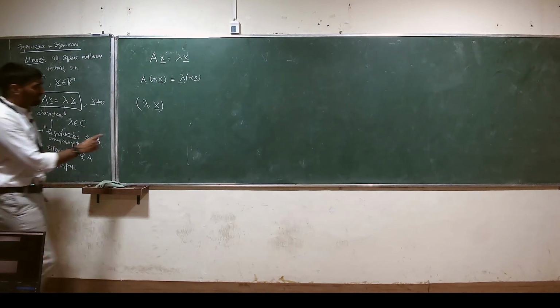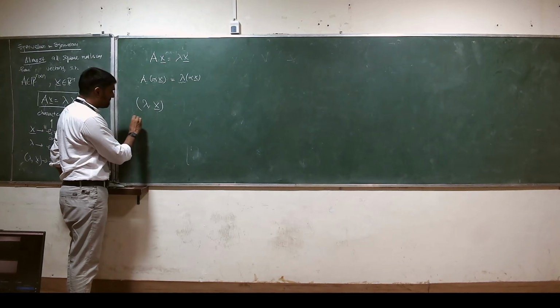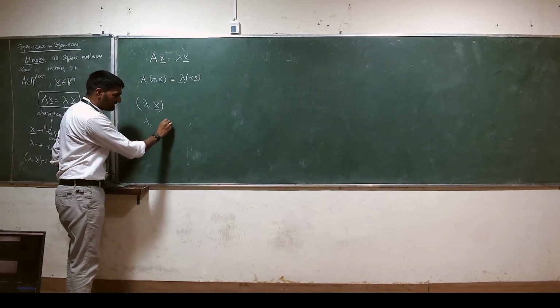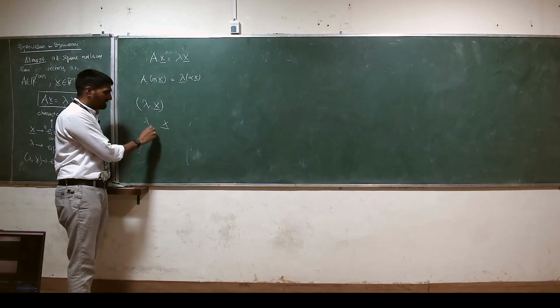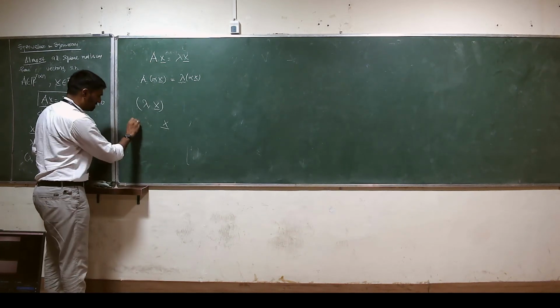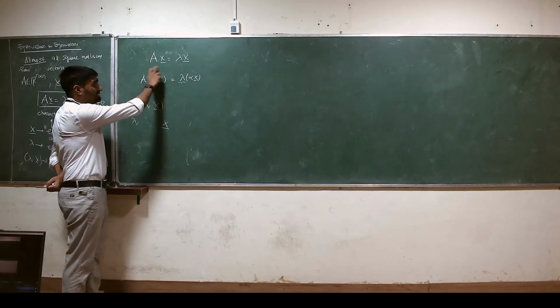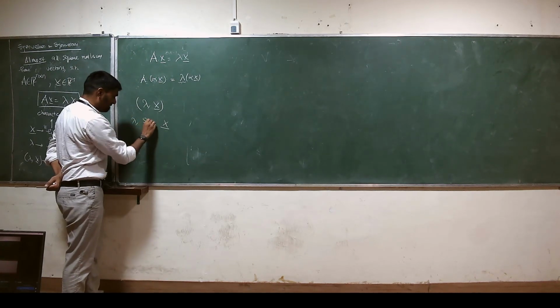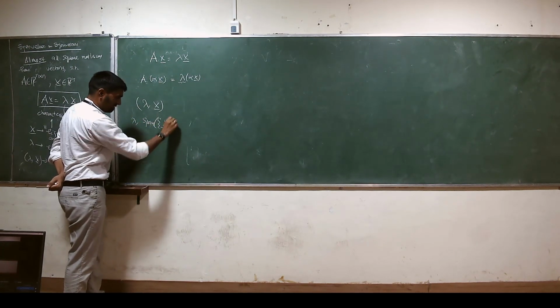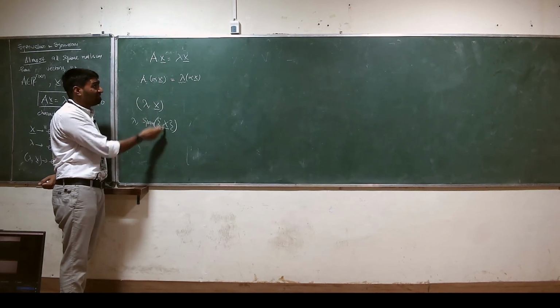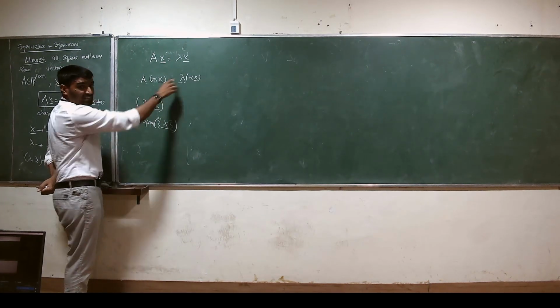If you have the eigenvalue lambda and one corresponding eigenvector X that satisfies this equation, any vector from the span of this vector will satisfy this. That's essentially what I've written here.